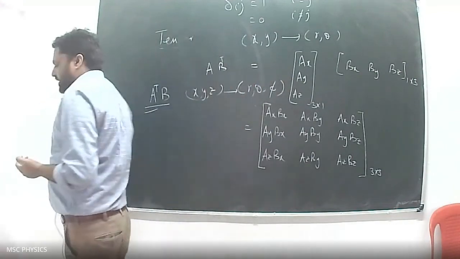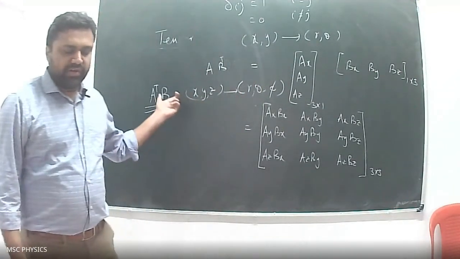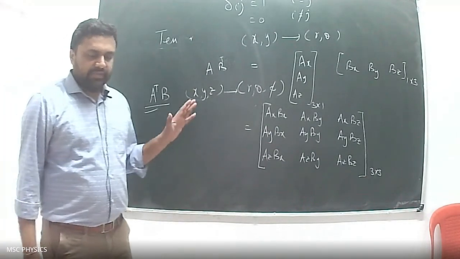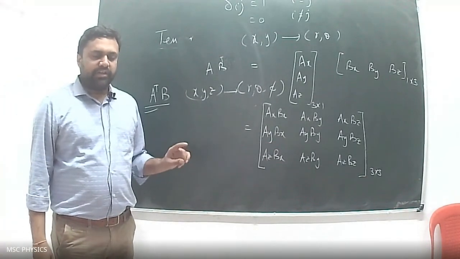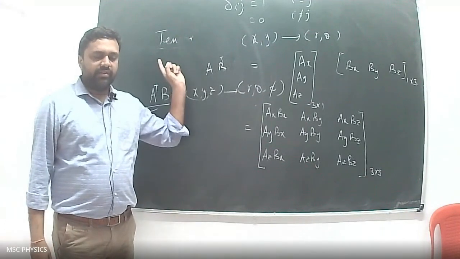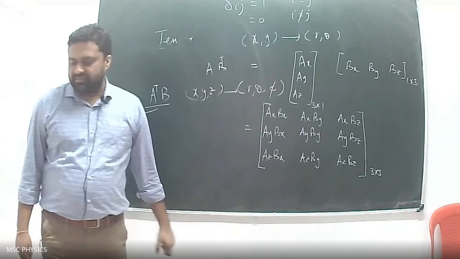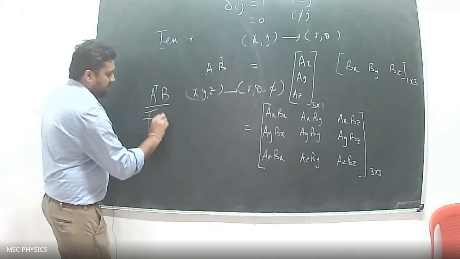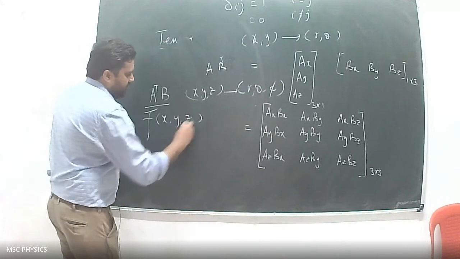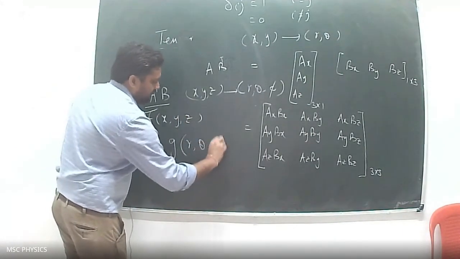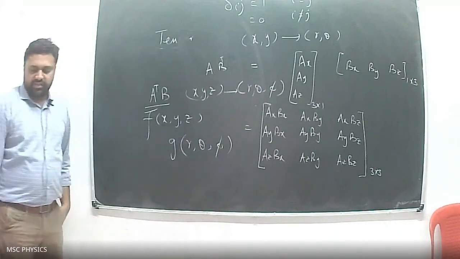And then I need to find out the relation between the old coordinates and the new coordinates. And with that, I am ready to define all the quantities which were functions of the old coordinates in terms of the new coordinates. Any function which was known in this coordinate system, I will be able to find the same function in the new coordinates using the coordinate transformation.